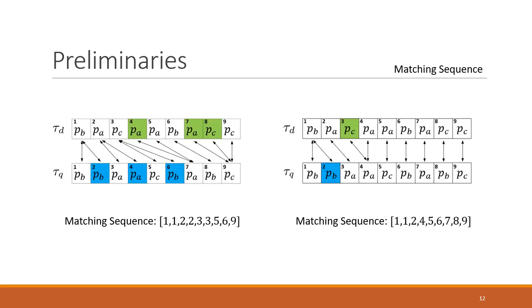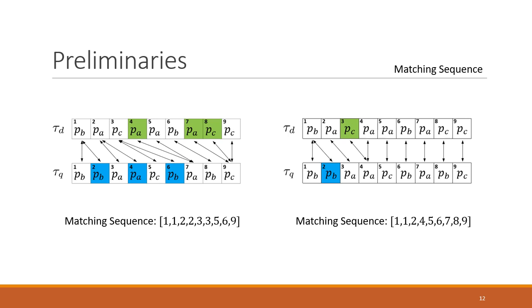Let's further illustrate the matching sequence using an example. The figure shows two different matching sequences for the same trajectories. The first matching sequence is 1, 1, 2, 2, 3, 3, 5, 6, 9, while the second matching sequence is 1, 1, 2, 4, 5, 6, 7, 8, 9.